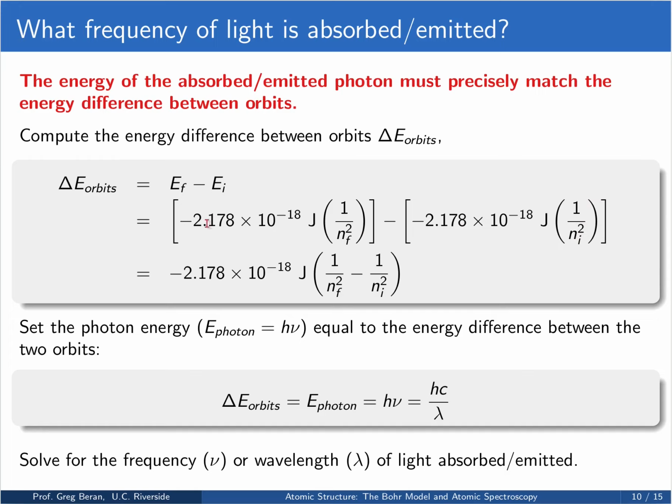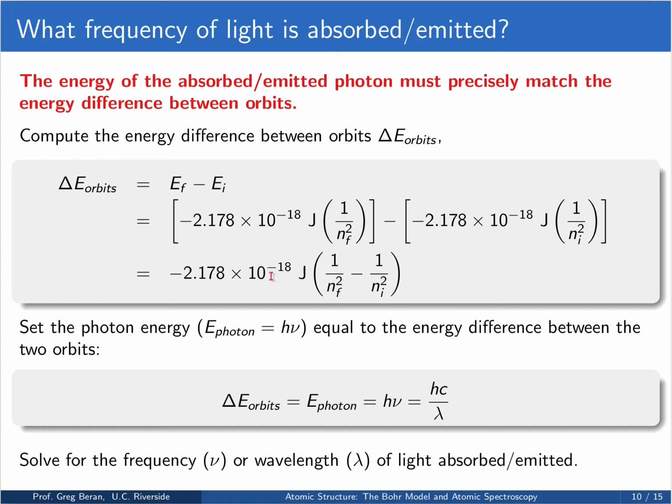I can simplify this expression a little bit and get this expression here, where it's equal to negative 2.178 times 10 to the minus 18 joules times 1 over n final squared minus 1 over n initial squared. So I just factored out the constant in front. And so using this expression, you can calculate the delta E between orbits.